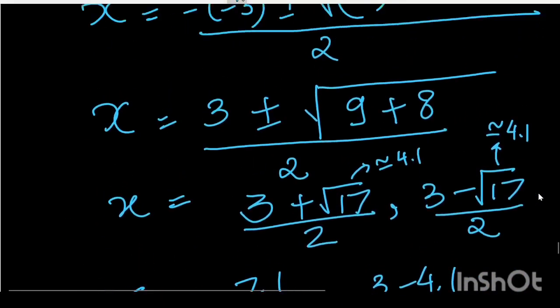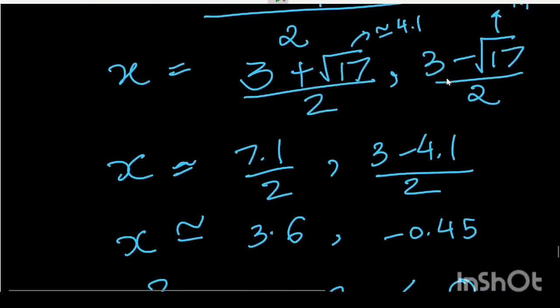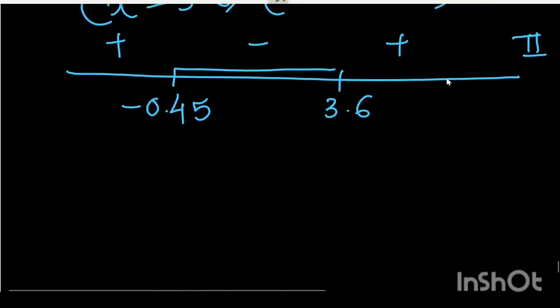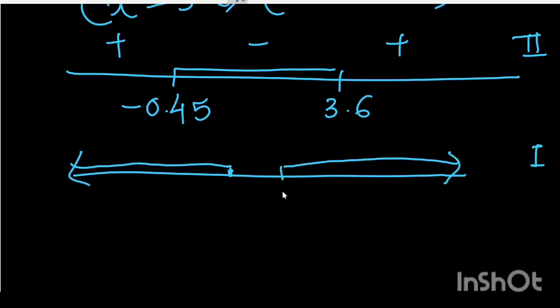Now plotting the first result. The first result that we will write is minus infinity to 1 union 2 to infinity. We will write it here and take the intersection of first and second. So first we write 1 somewhere around here, 2 is here: minus infinity to 1, 2 to infinity.